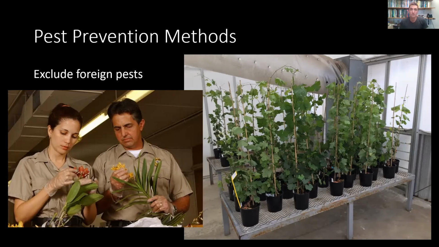So it's worth the amount of money we spend to do this inspection and monitoring to try to keep everything in balance. The landscape on the horticultural side often takes a back seat to this importation of pest idea.